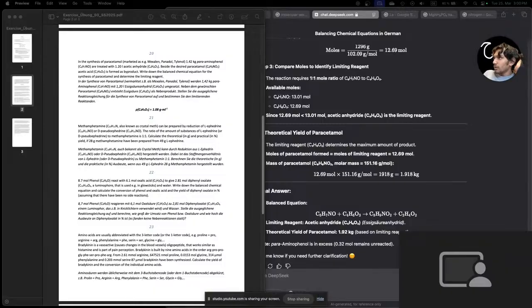The ratio of amount of substance of L-ephedrine or pseudoephedrine to methamphetamine is 1:1. Calculate the theoretical and practical percentage yield if 28 grams of methamphetamine have been prepared from 49 grams of L-ephedrine.